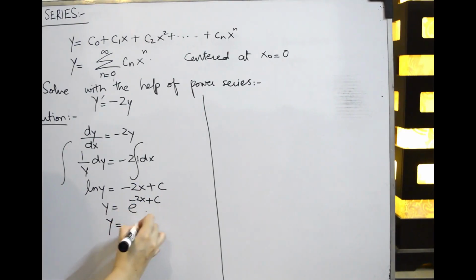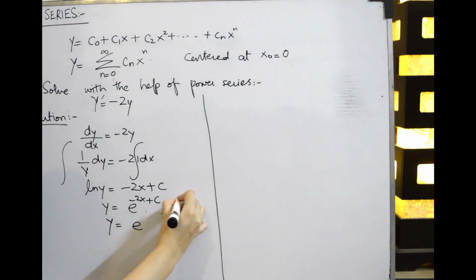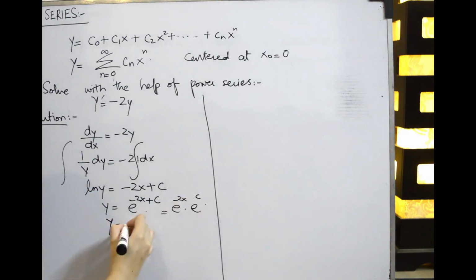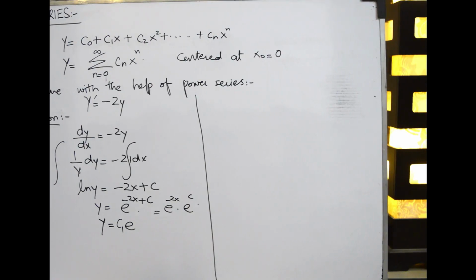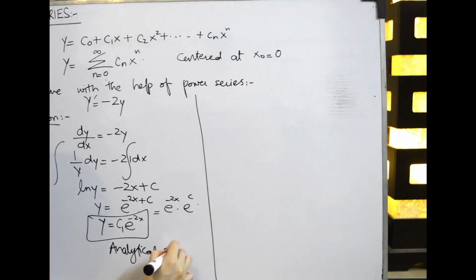Using the property, this is e to the power minus 2x into e to the power c. Because e is a constant and c is also a constant, we can write this as c1 e to the power minus 2x. That is the analytical or exact solution of the given differential equation, y dash equals minus 2 into y.